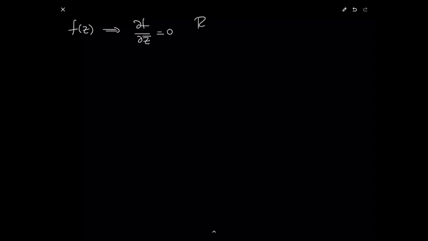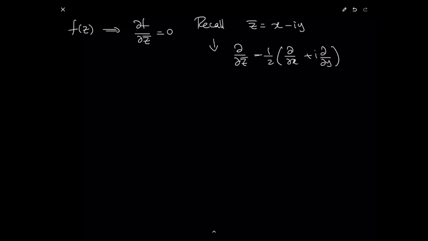Now recall that you can write down the conjugate, z bar is x minus iy, which means that when you take the derivative, you have that partial by partial z bar equals 1/2 of d dx. Again, i on the bottom minus i on the bottom becomes i on the top, and you have that.